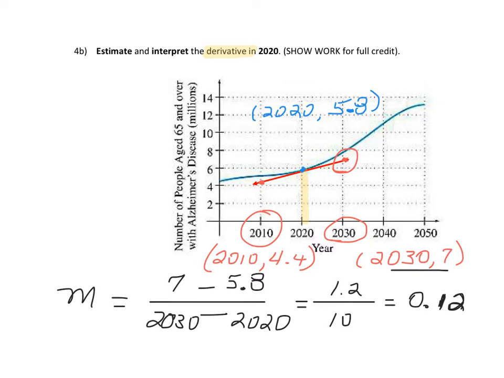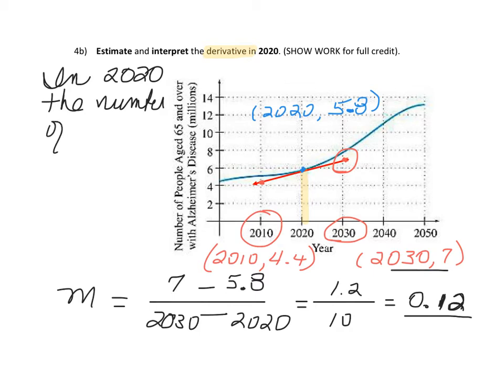So based upon the slope of the tangent line, this is the derivative, being 0.12, then the interpretation is that in 2020, the number of patients is increasing, or will be increasing, by 0.12 million people per year.